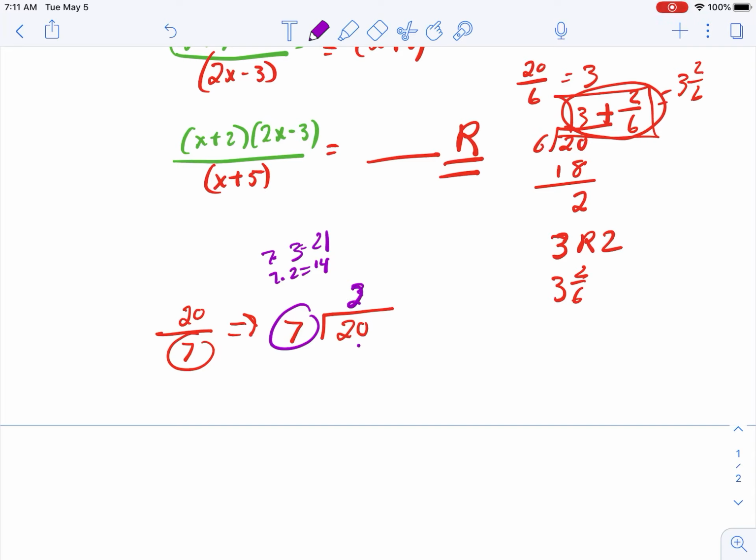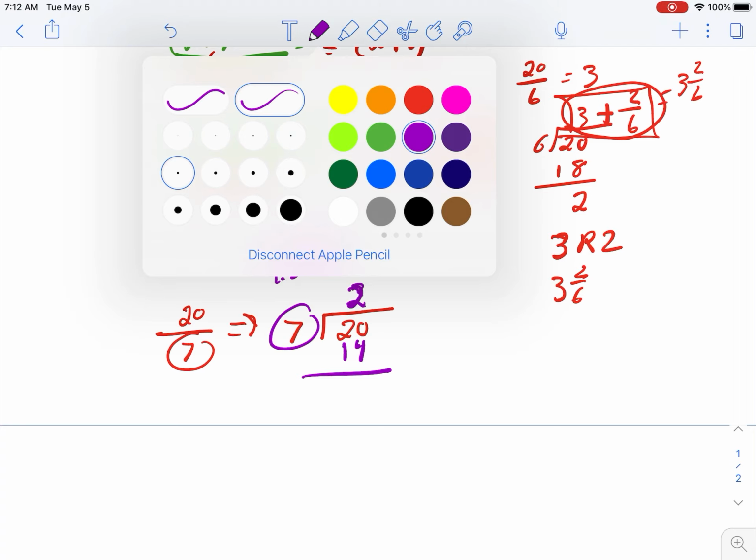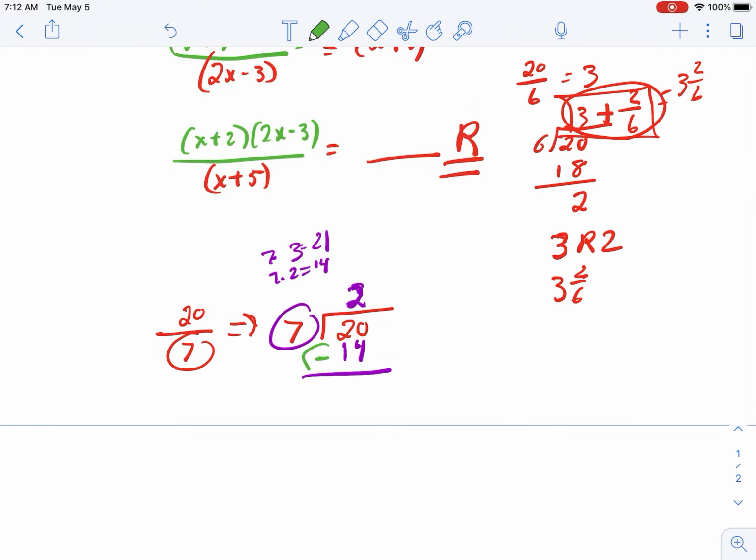So we multiply by 2 for 14. Now we don't add, we change the signs to a negative. So therefore we have 6, and we put plus 6 over 7.